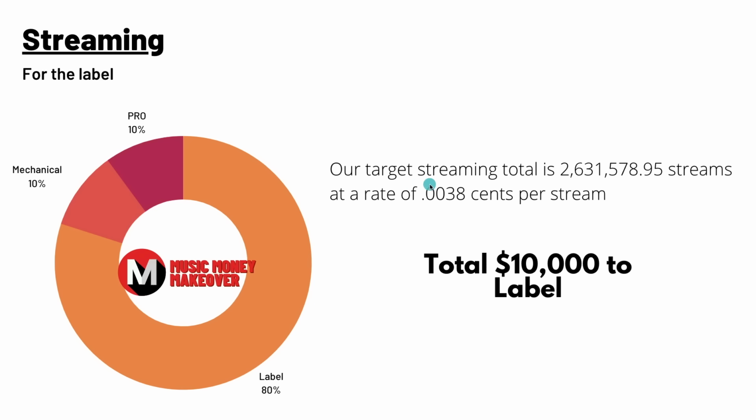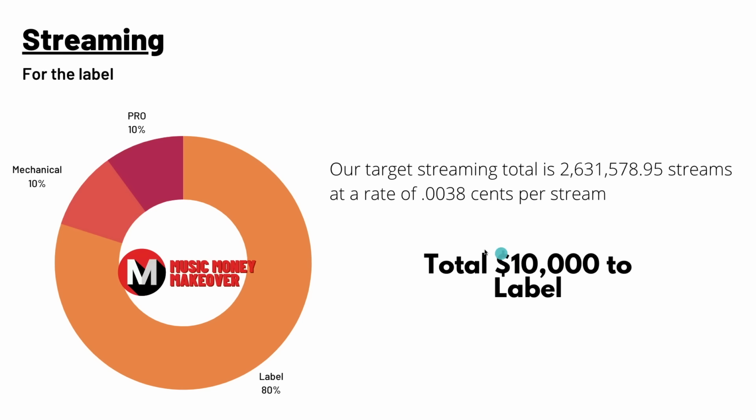This is the average rate between YouTube all the way up to Amazon and Tidal, and places that pay a little bit higher. So this is just averaged out. And we're going to need this many streams to make our $10,000. And that $10,000 on this rate will go directly to our distributor's account, which would be our TuneCore or DistroKid or whatever. And that's how many we need to make that $10,000.